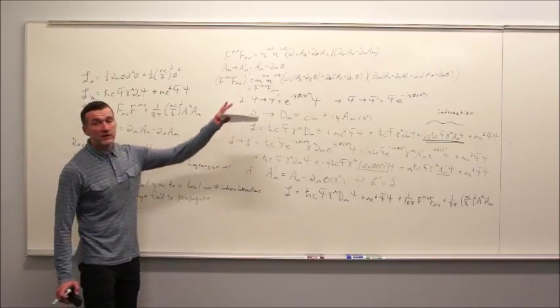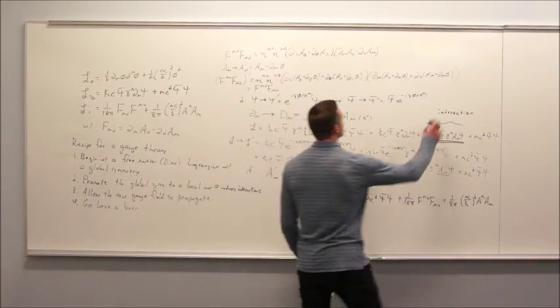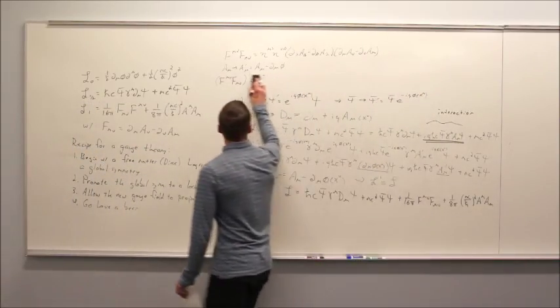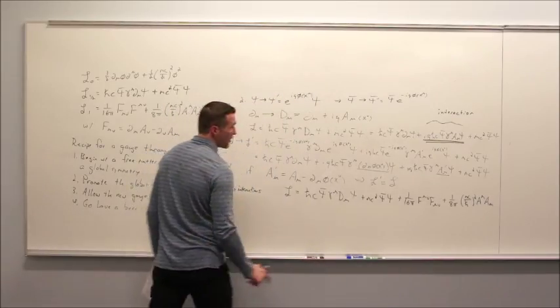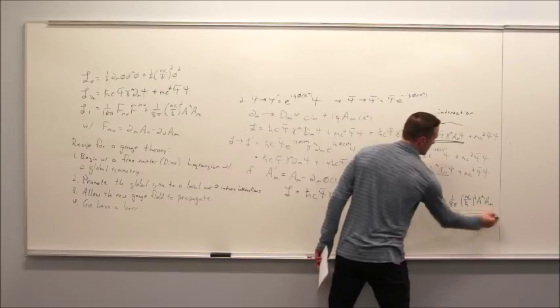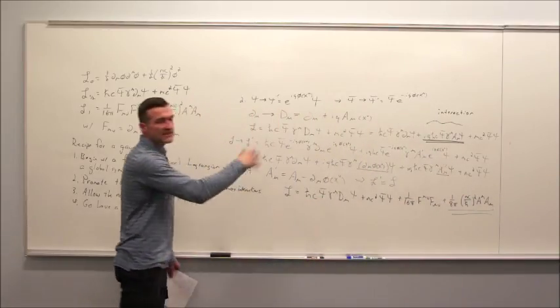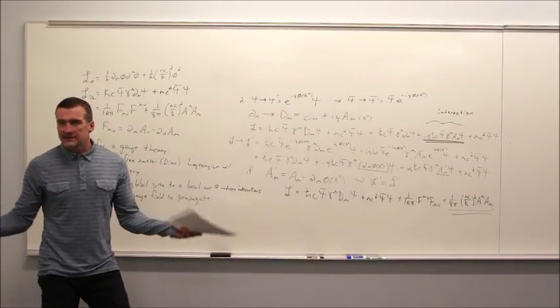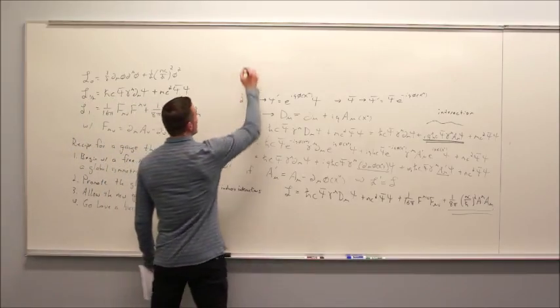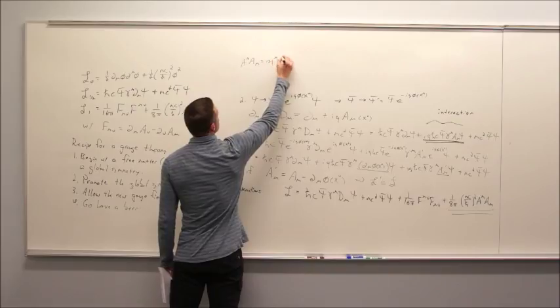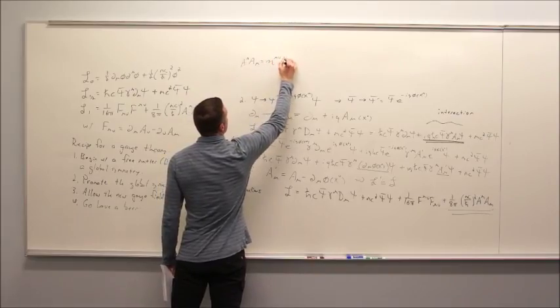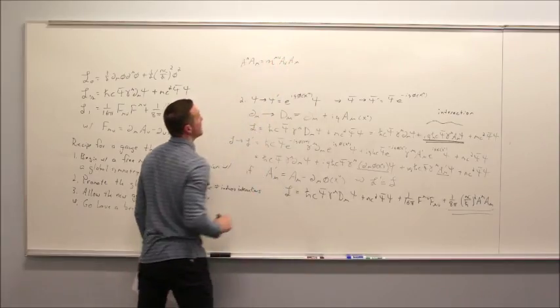All right, so the F mu nu term works out. So I'm just going to go ahead and get rid of that. That's all sweet. And so what must be the problem is this guy. And so let's just look. The constants don't matter. Constants are not going to screw up any invariance. So really we just want to focus on A mu A mu, which of course is just eta mu nu A nu A mu.